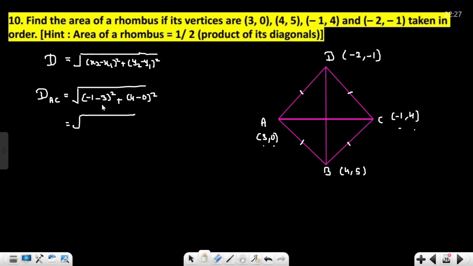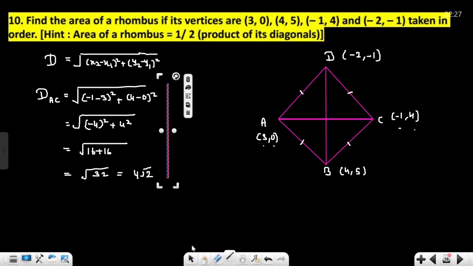Now minus term will be 8 minus 4 square plus 4 minus 0, 4 square. So what we get? 16 plus 16. The answer is root 32. And root 32 is 16 into 2. It means 4 root 2. Similarly, find the second diagonal length. The second diagonal is what? BD.